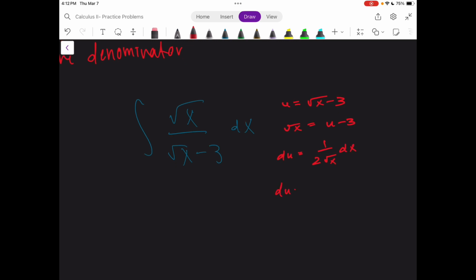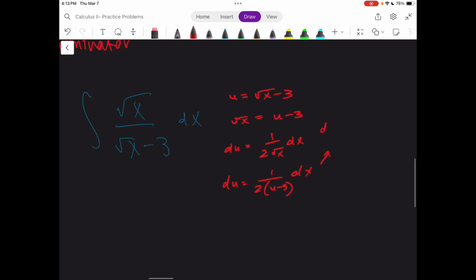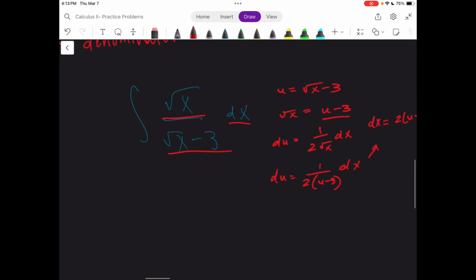So du equals 1 over 2 (u minus 3) dx. And finally, that means that dx is equal to 2(u minus 3) du. So now we subbed out this, and we subbed out this, and the square root of x is equal to this u minus 3.